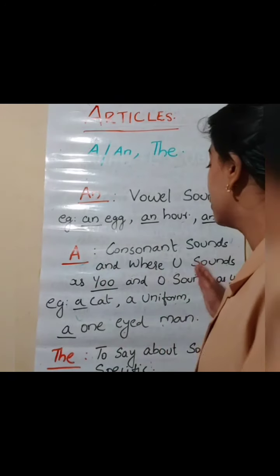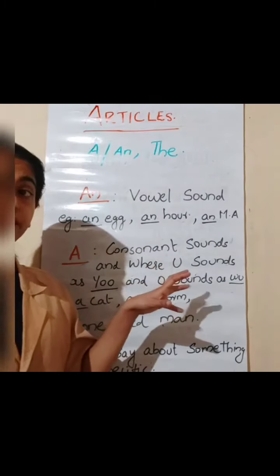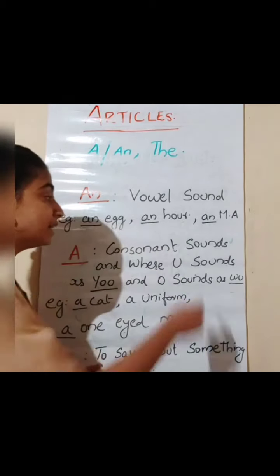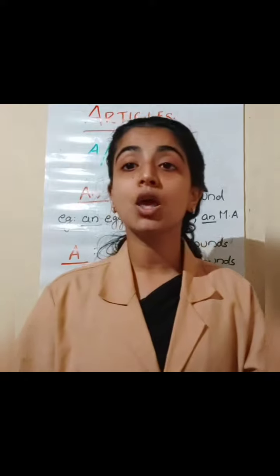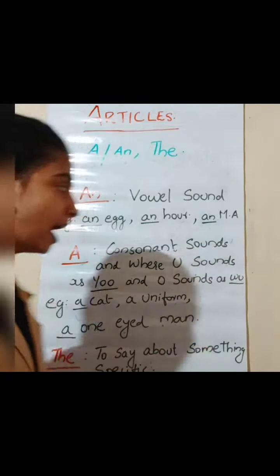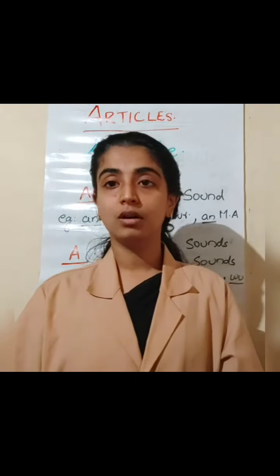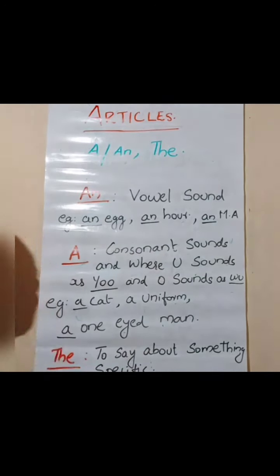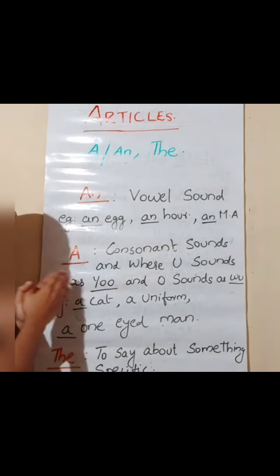Some words can begin with the letter U, but the sound is like U. And there will be some other words that begin with O, but the sound is like O. So in that case, we won't be using the article an, but we will be using the article a.